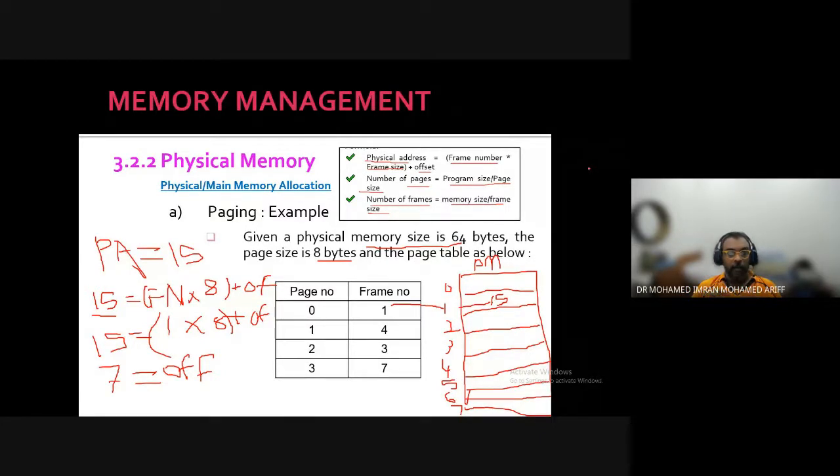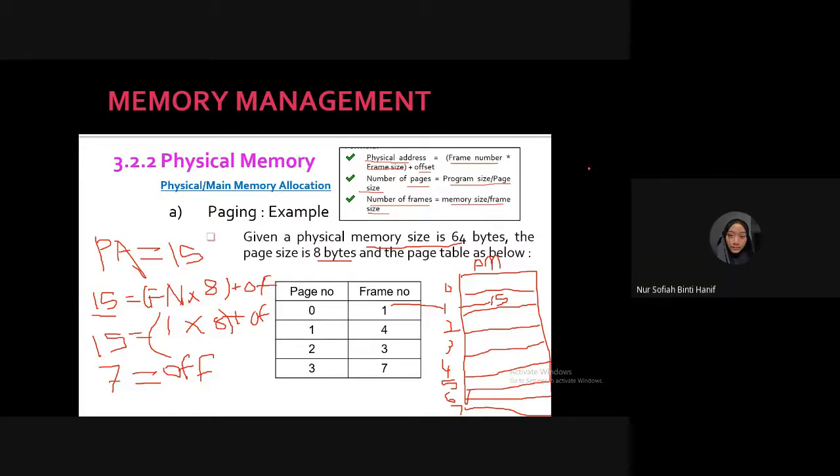Now, how do you write the answer for logical address? As you remember just now, logical address has two components: the page number and the offset value. Now we have the offset value. What is the page number? 0.